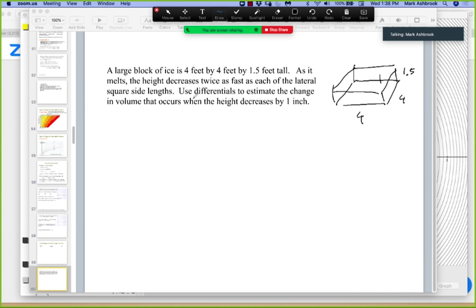But it's melting, and so these are really changing quantities. So we really want to label this with changing quantities. So what should I use for variables here? Because the side lengths are varying. So what do we want to use here? DL, W, and DH.